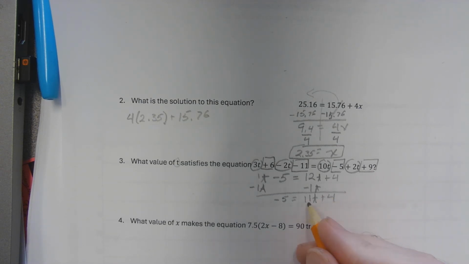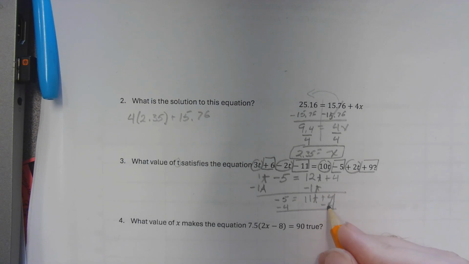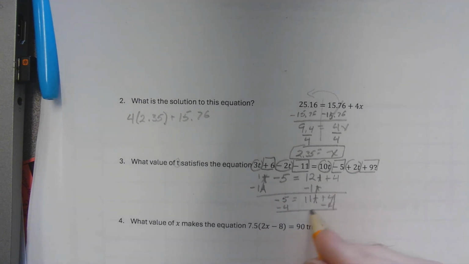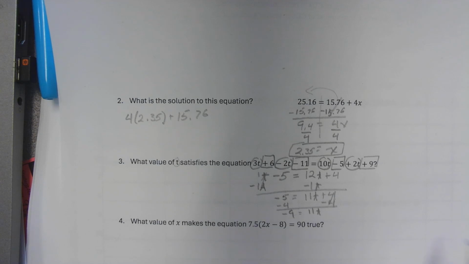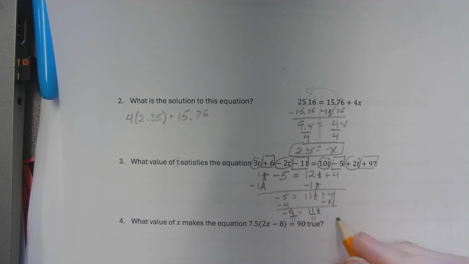Okay, since I brought my t's to the right, I'm going to bring my numbers to the left. So I minus 4. And so I get 11t. Negative 5 minus 4 is negative 9. Well, now I divide by 11. Negative 9 divided by 11 is negative 9 elevenths, is t.